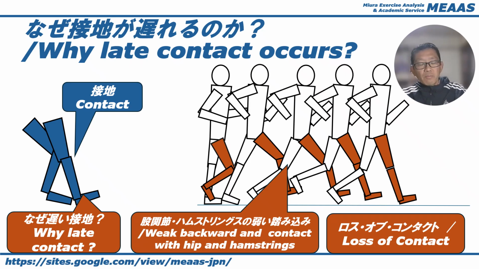That comes from my results of 20 years of analysis. So in many cases, walkers with this motion have weak backward swing torque and contact force from the hip and hamstrings.